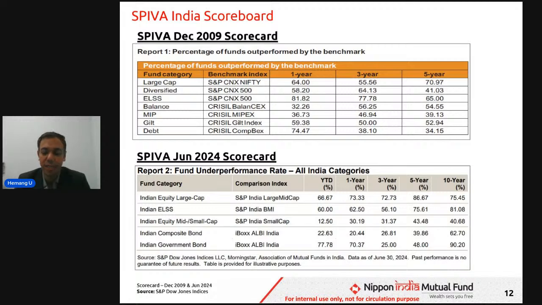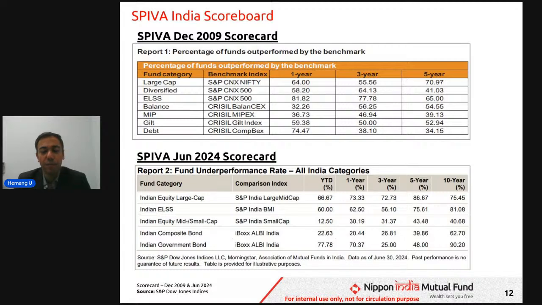What it's trying to say is, I'll give you an example. If you see, the first category listed is large caps, right? And the benchmark used against it is the CNX Nifty. And what is it saying? It's saying the percentage of funds outperformed by the benchmark, right? So in a 1 year period, it is saying 64% of funds, large cap funds, were outperformed by Nifty 50.